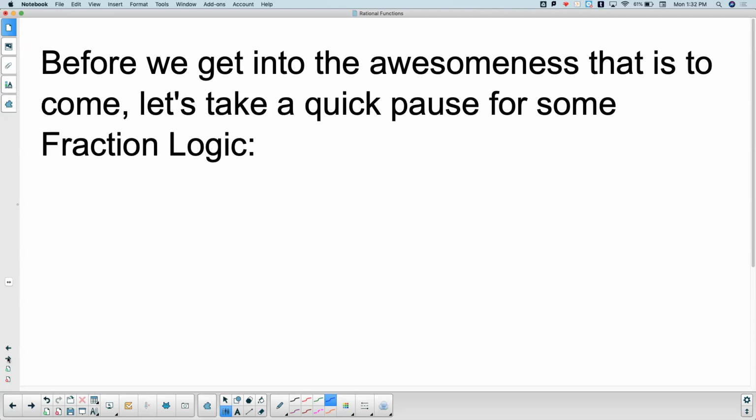So, if I take any number and I divide that by a really big number, or a bigger number, for instance, if I took 3 and I divided it by 1,000,000.